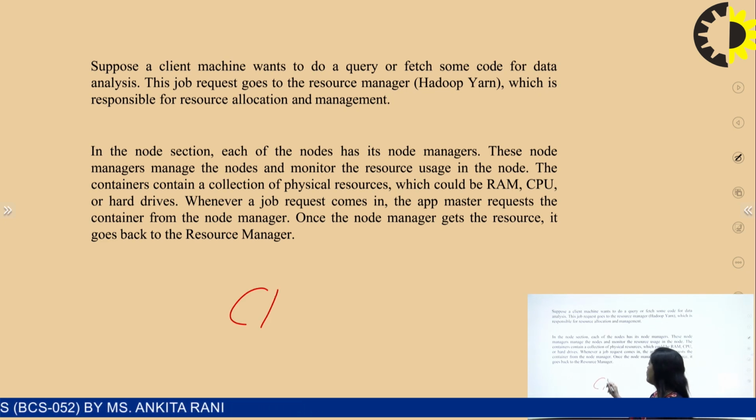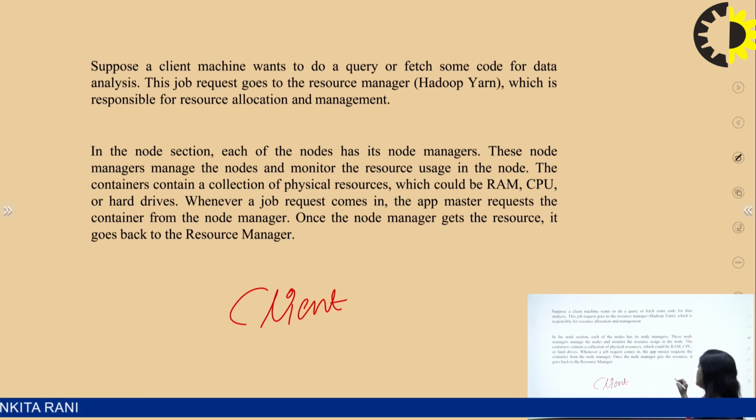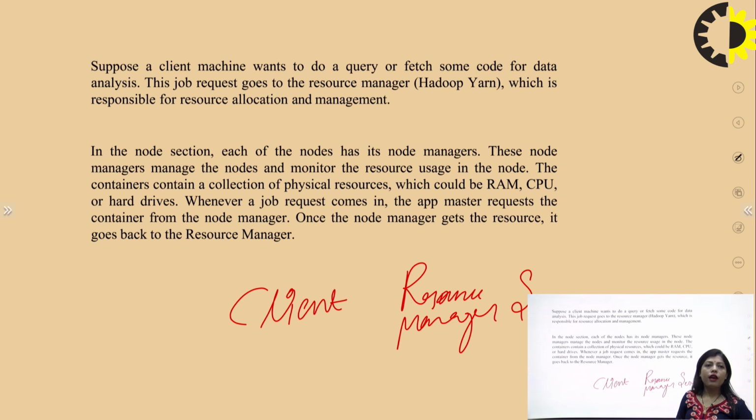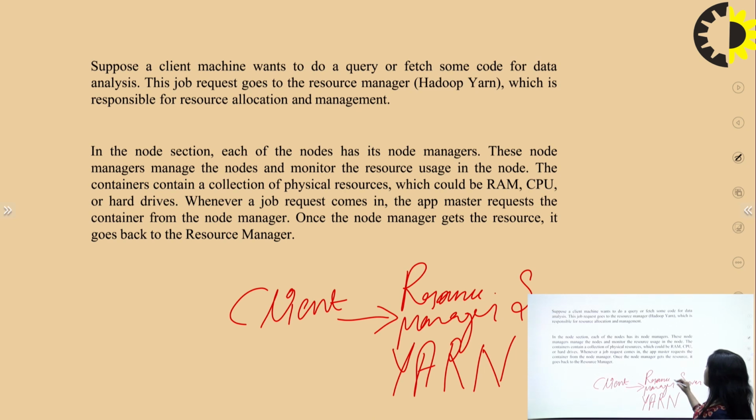For example, we have a client and a server, and in between we have a resource manager, which is called YARN. The client sends a request to the resource manager, and the resource manager sends the request to the server.